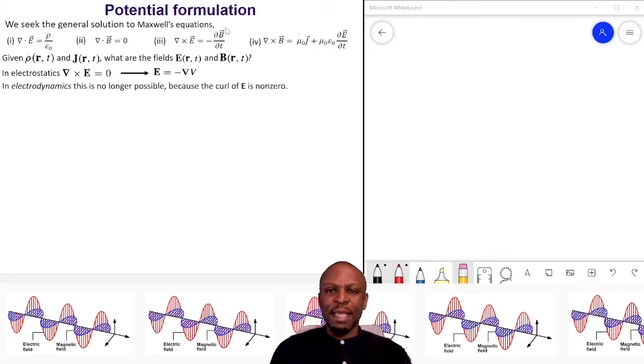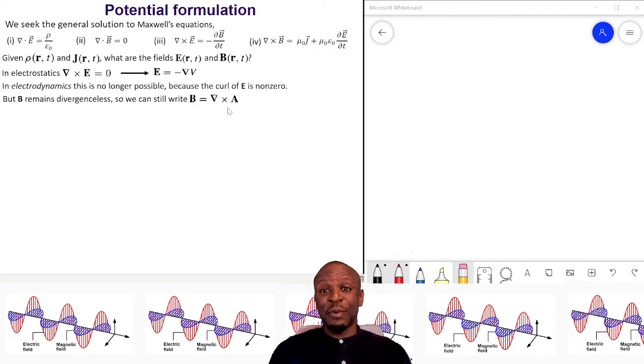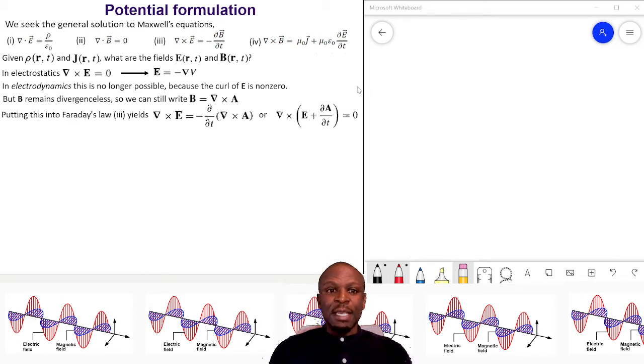But B remains divergenceless, because the magnetic field B is divergenceless, and as a result, it can still be written as the curl of a vector potential A. Now, if we put this into Faraday's law, what are we going to have? We are just going to have the curl of E equal to the negative rate of change of the magnetic field B.